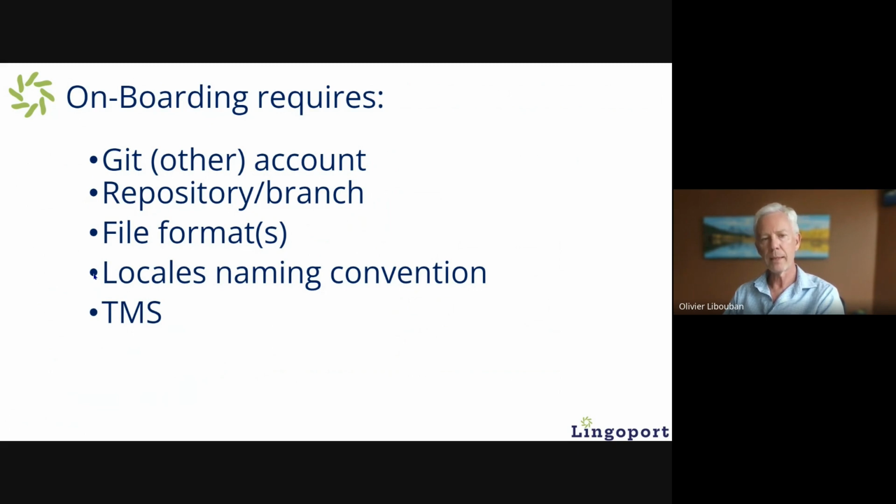Some other ways, in terms of how the locales are named in the repository, that's up to the developers. And finally, which TMS or which LSP to send things to. So those are really easy information to find. And what we're going to do now is use a repository to determine each one of those items. So let's do a quick demonstration of how to get to those items.